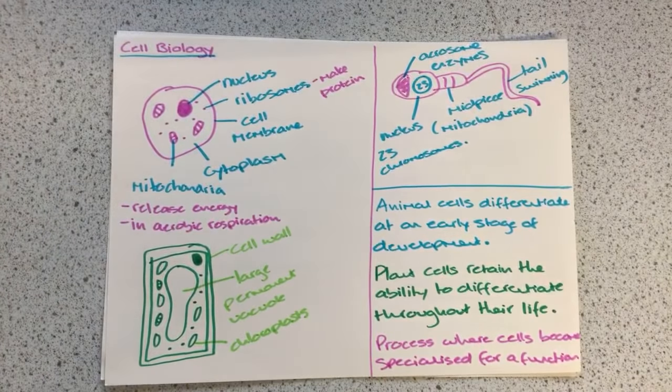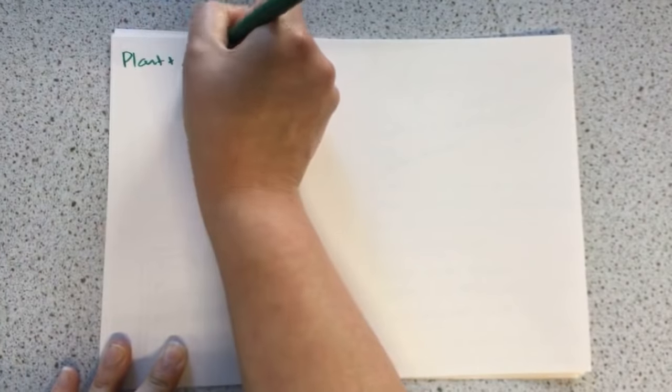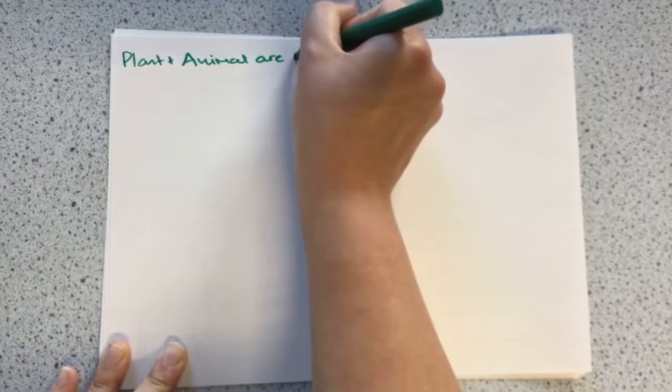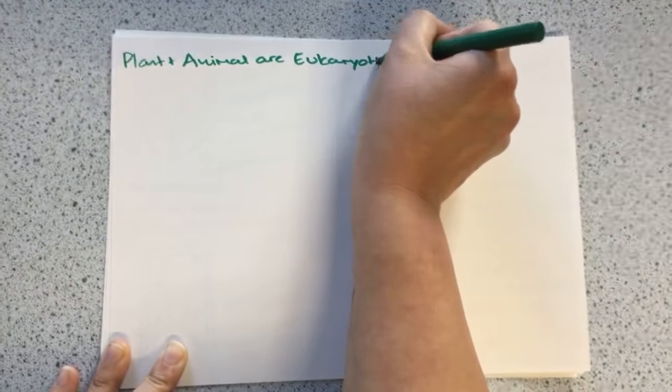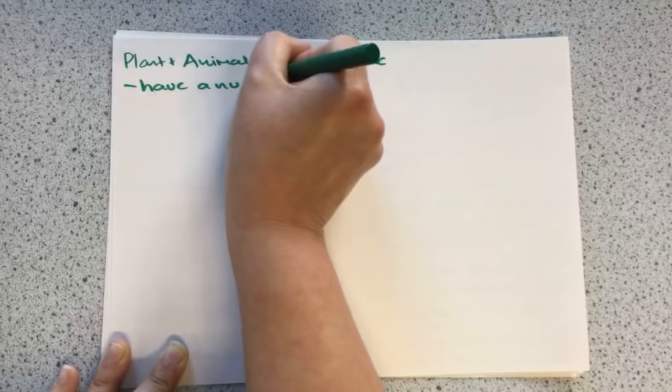I'll get a new sheet of paper. You need to know the differences between prokaryotic and eukaryotic cells. Plant and animal cells are eukaryotic, which means they have a nucleus.